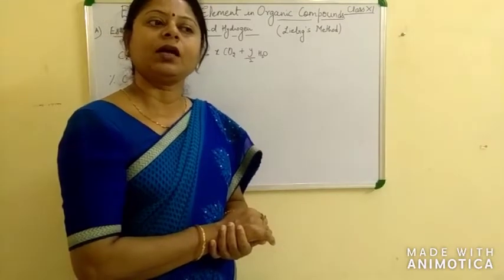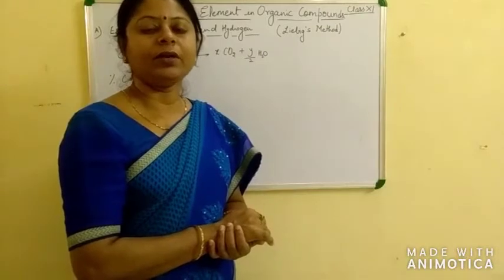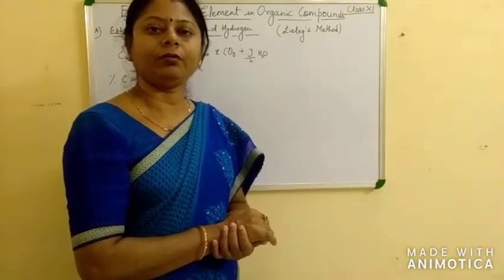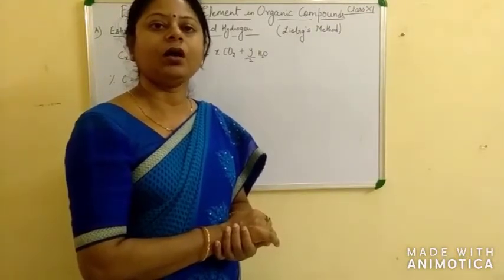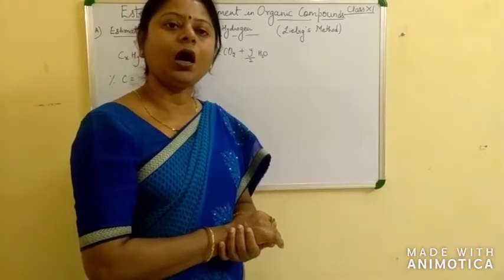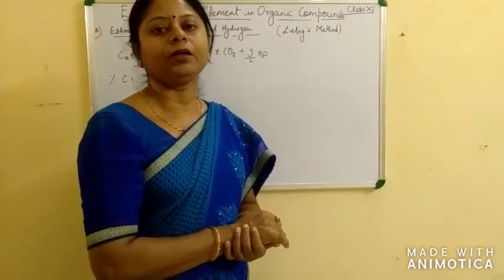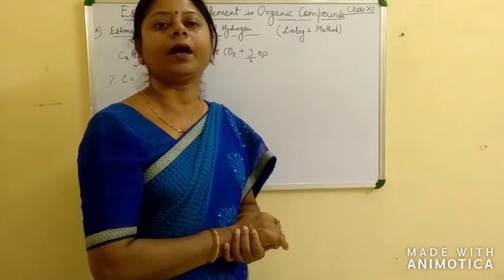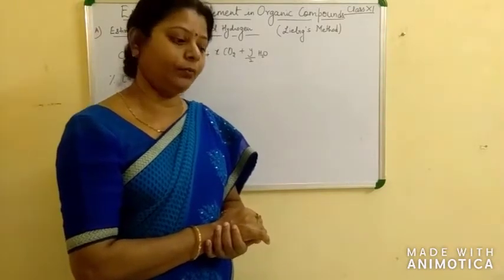As carbon and hydrogen are the major components of organic compounds, I am going to teach you first how you will determine the percentage of carbon and hydrogen in a given compound.